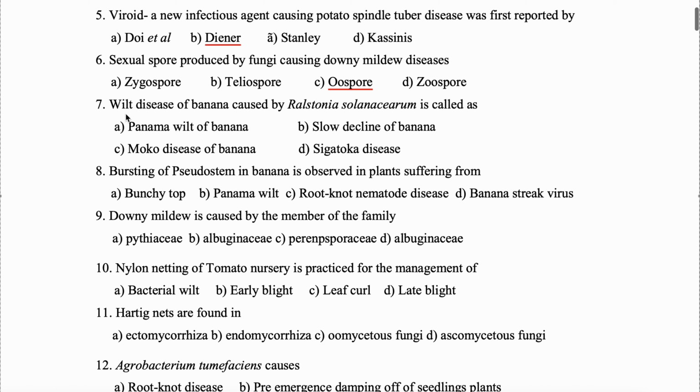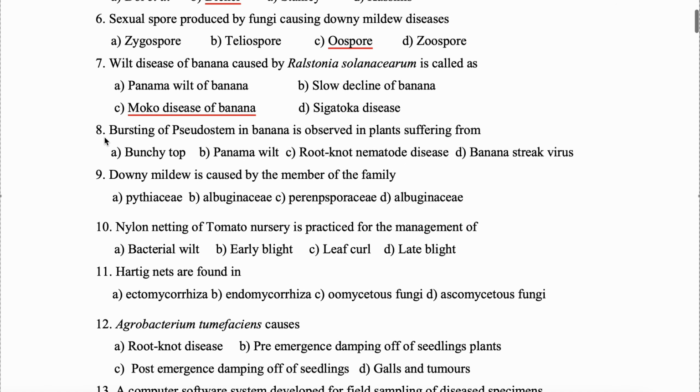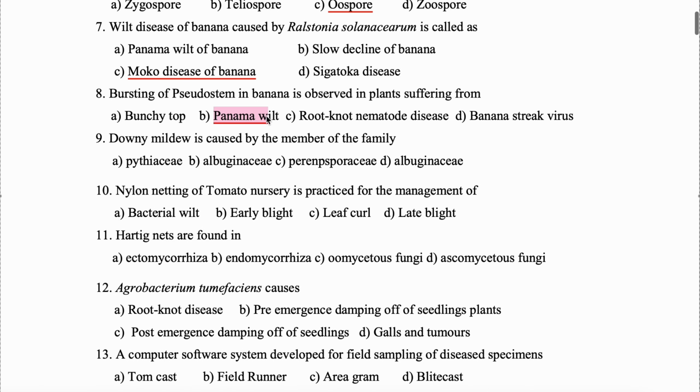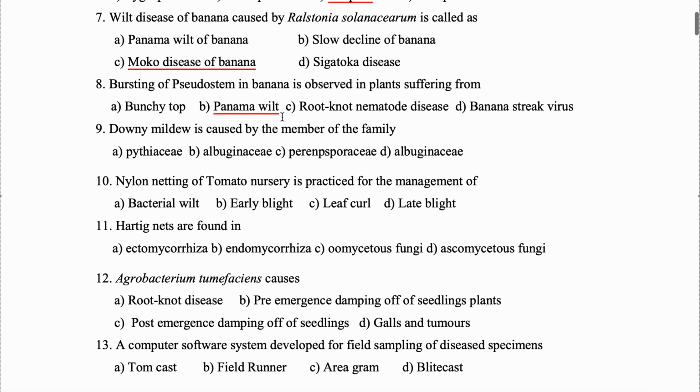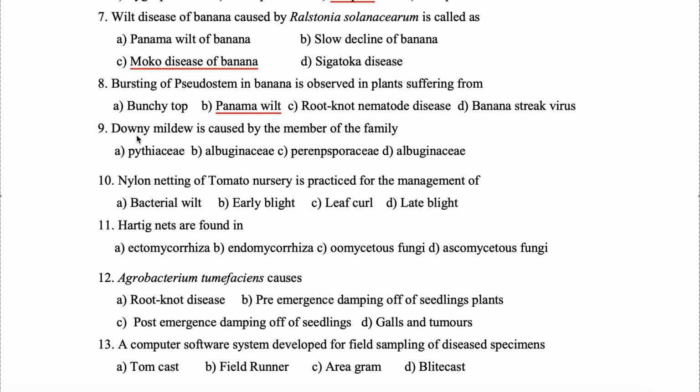Question number 7. Wilt disease of banana caused by Ralstonia solanacearum is called as Moko disease of banana. Okay. Question number 8. Bursting of pseudostem in banana is observed in plants suffering from Panama wilt. Okay. Question number 9.